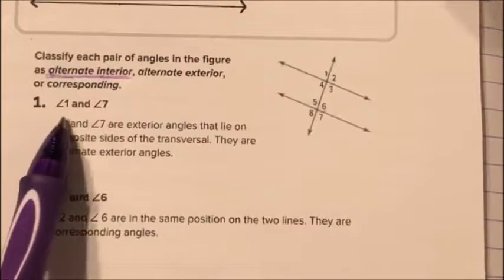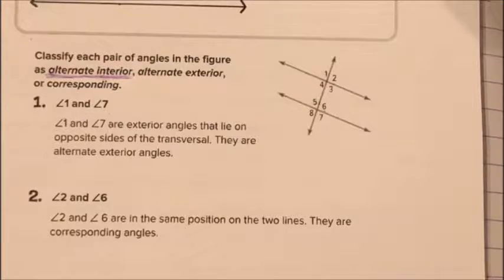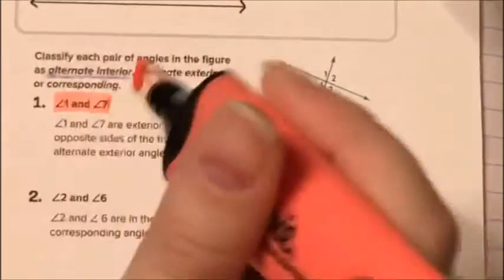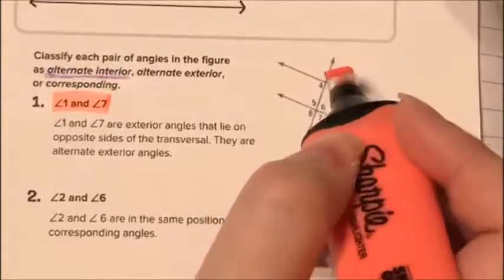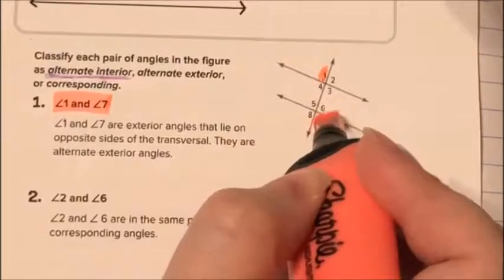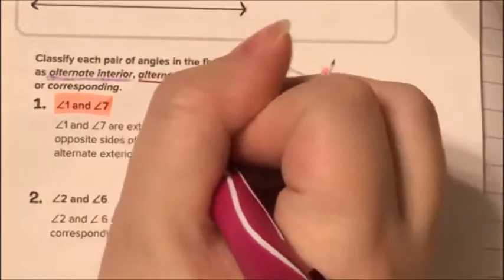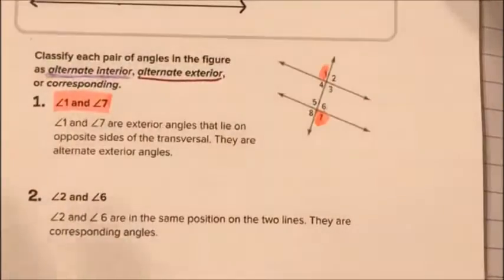But they want us to classify angle 1 and angle 7. Okay, so angle 1 is right here, and angle 7 is right here. Looking at these two angles, I have alternate interior, alternate exterior, and corresponding.